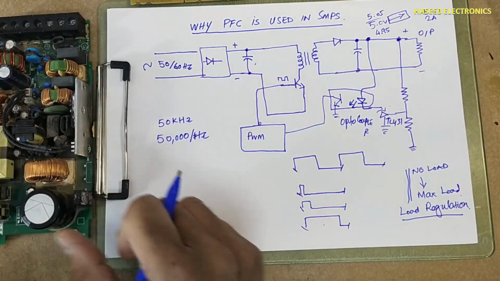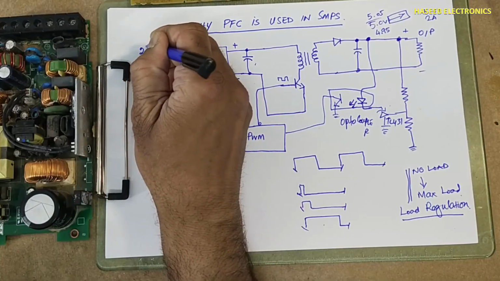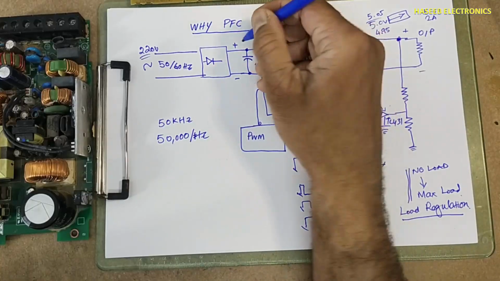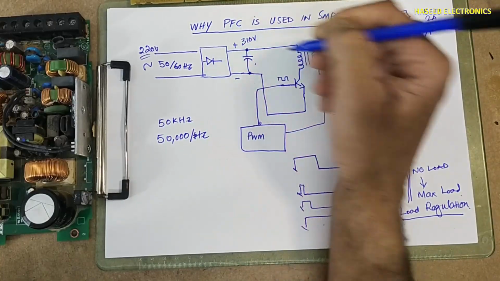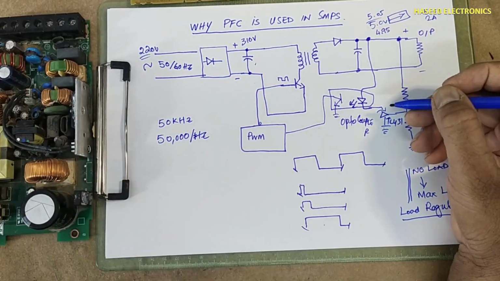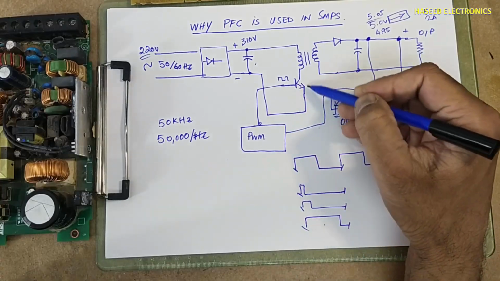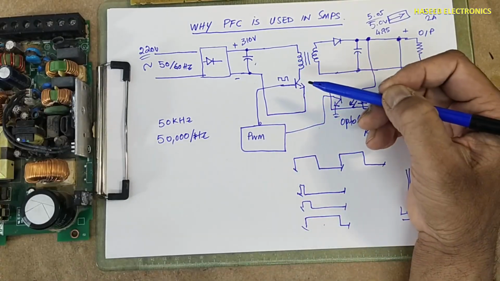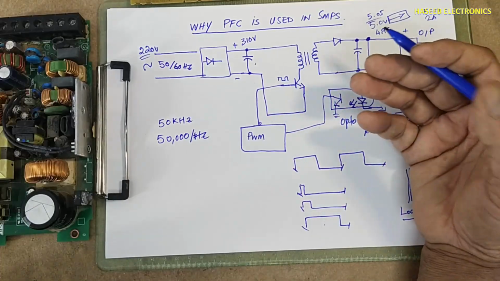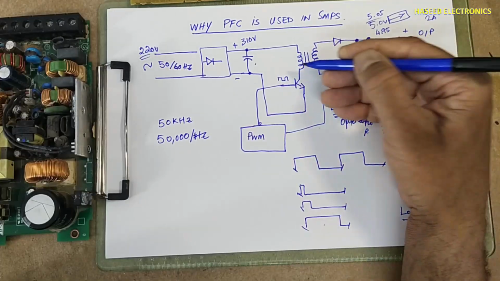The second condition: if we are providing 220 volt here, rectified voltage 310 volt DC, at that time a small switching cycle will cause more current to flow, because we have I equals V over R. In this condition, R is equal to XL, the inductive reactance.